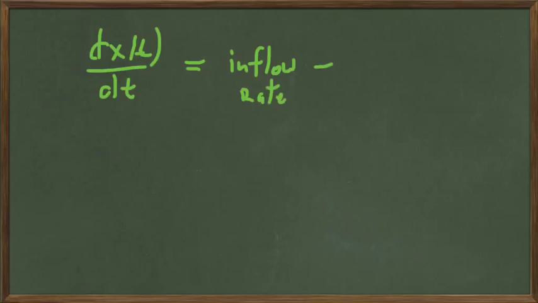Remember from calculus 1 that rate is a derivative, right? So if we subtract the in derivative minus the out derivative, we should get the derivative of the substance in the tank, dx/dt.